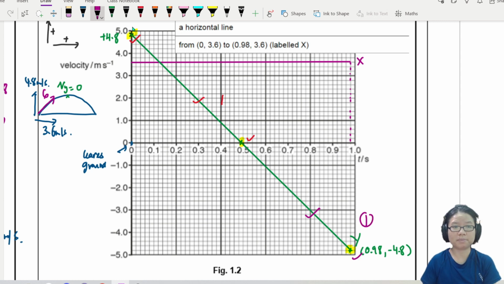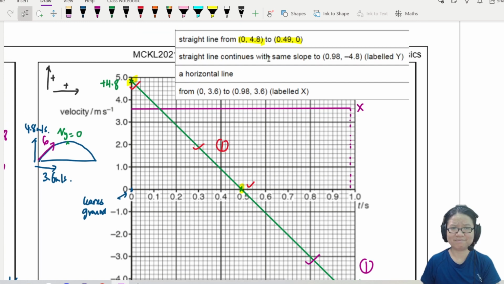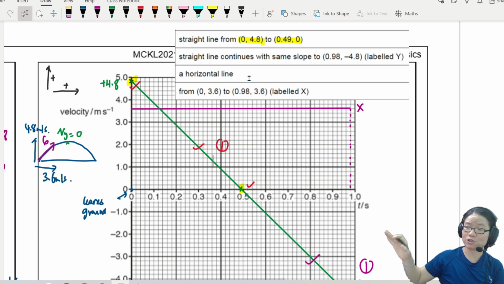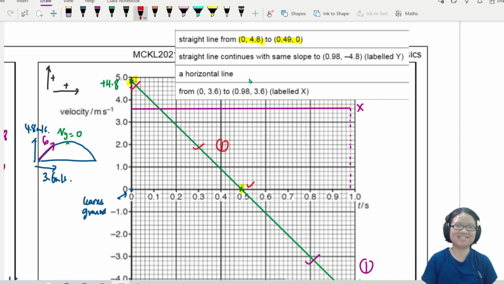Of course, you have to label, right? Ladies and gentlemen, please make sure you label. Okay. For Vx, if you draw a horizontal line anywhere, you get 1 mark. And then it must pass through this point, start from here, and it must end here.